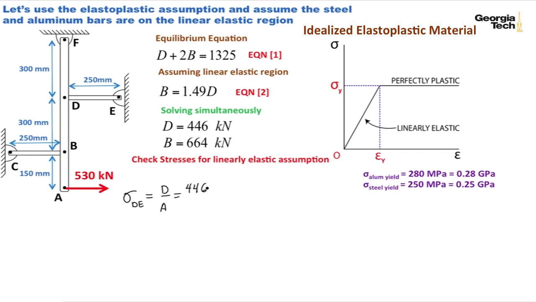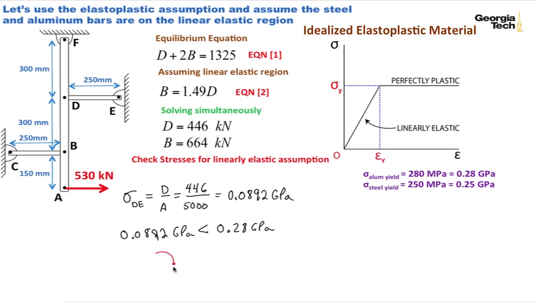And we're going to divide by its cross-sectional area, which was 5,000. And so that gives me a stress of 0.0892 GPa, gigapascals. But we find that 0.0892 gigapascals is indeed less than the aluminum's yield stress, which is 0.28 GPa. And so this is good.